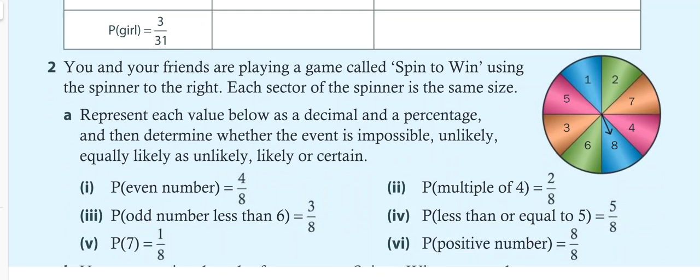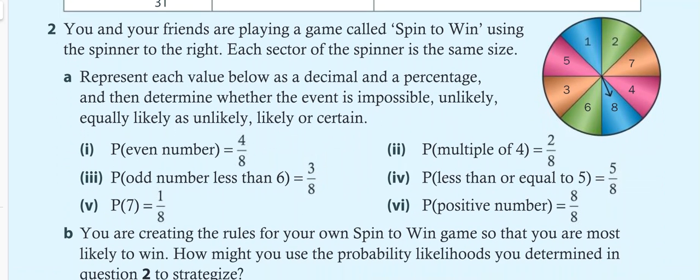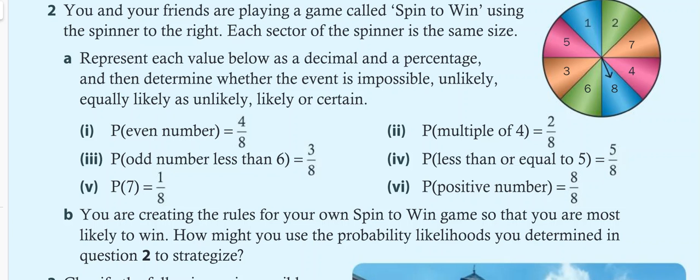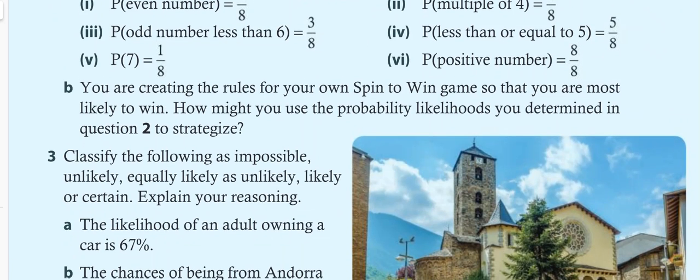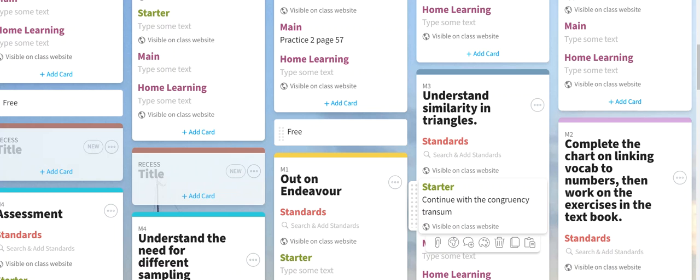So let's go on to question 2, which is represent. This is where we're at the moment, understanding what the numerator and denominator mean. You are creating rules, but we'll do that next time.